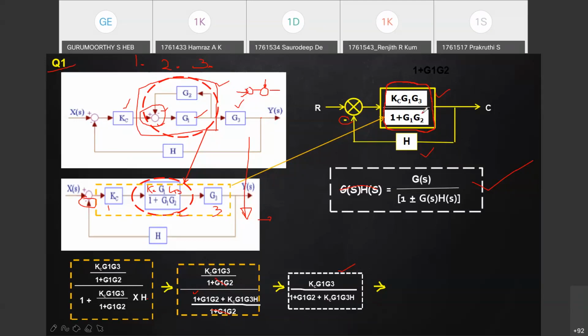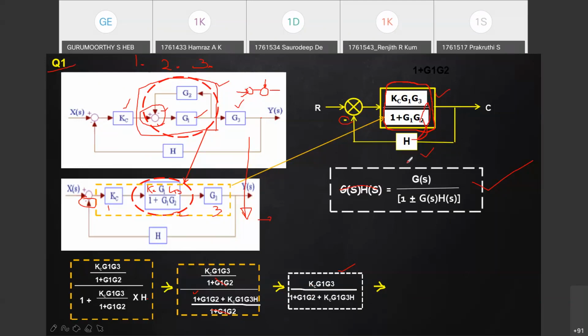For this you just multiply H here: 1 plus G1 G2, Kc G1 G3, and Kc G1 G3 multiplied with H, keep it here.